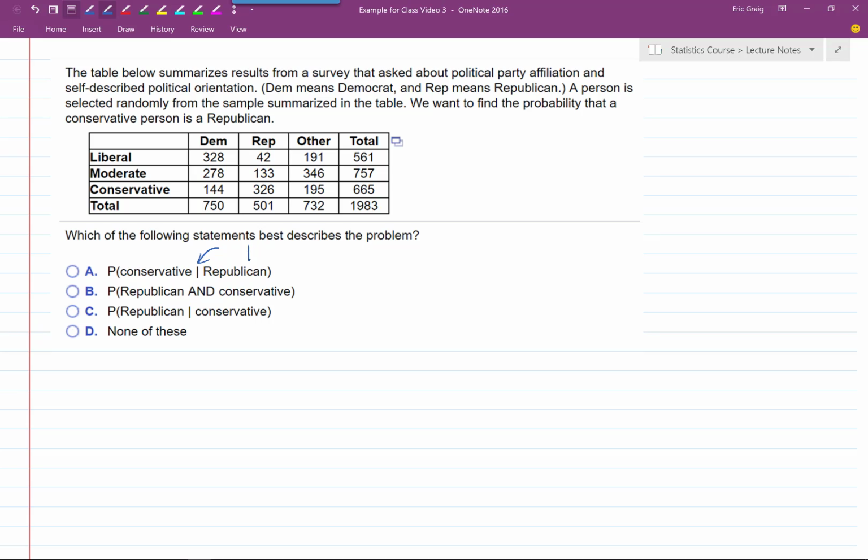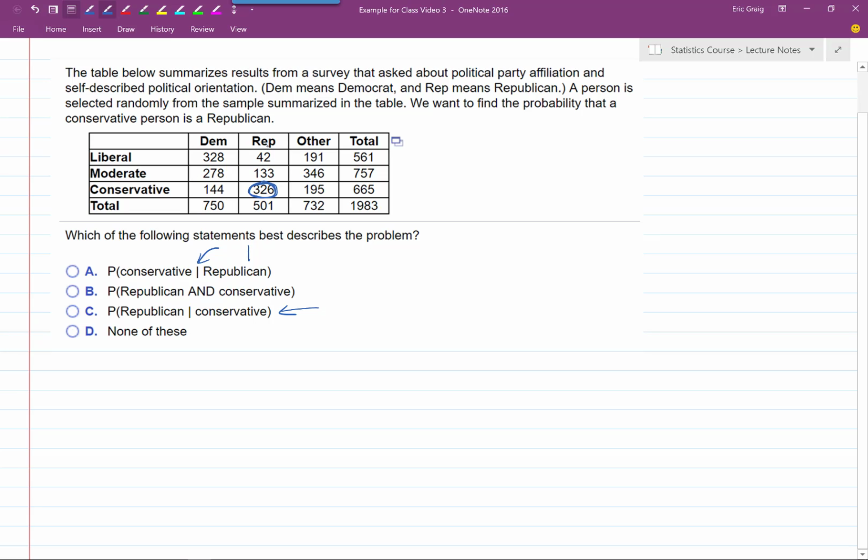So the correct answer would be this one here. Given that they are conservative, we want to find the probability that they are a Republican. So it's as simple as that. We can find the probability that someone is a conservative and a Republican. That would be this group over here.